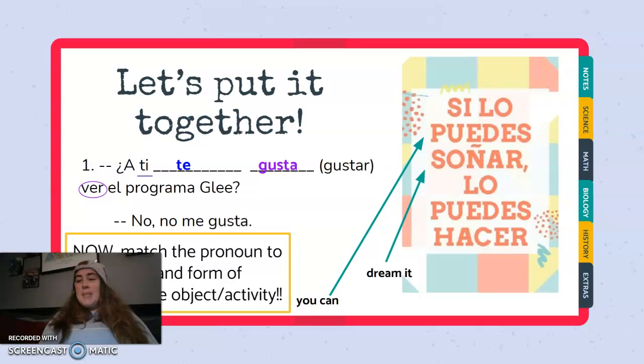Número 10, a mis padres no les gustan las películas viejas. The old movies are not pleasing to my parents. Número 11, a mi hermano le gusta viajar. Número 12, a los chicos les gusta correr y jugar baloncesto.